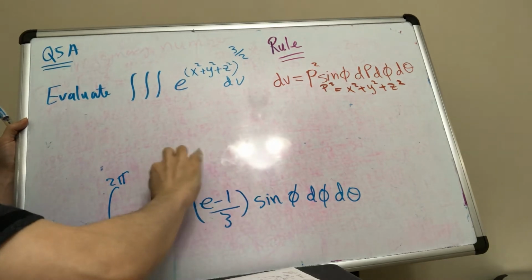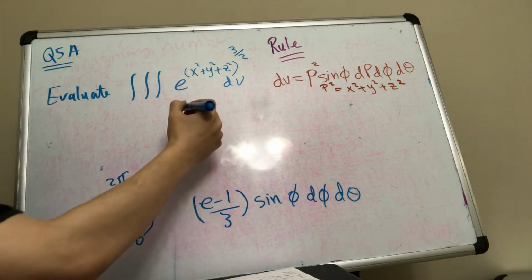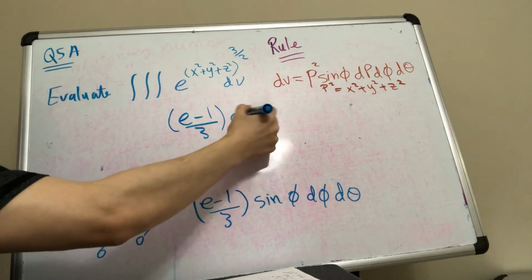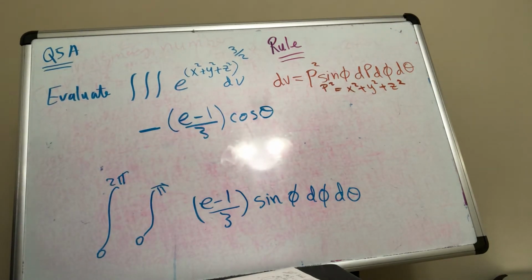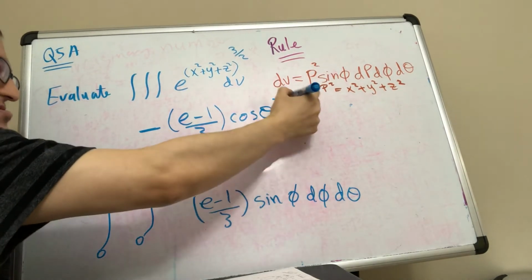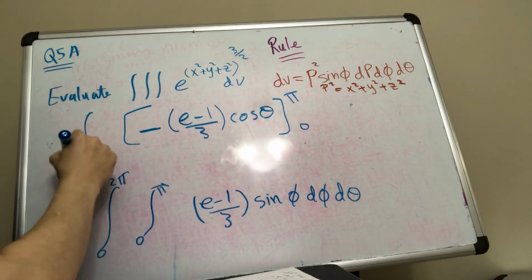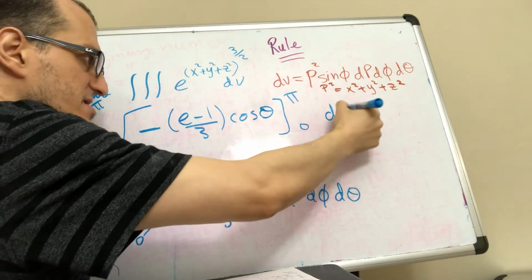Okay. Integral of sine is cosine, so you have e minus 1 over 3 cosine, but negative. And I'm going to plug in pi and 0. And I'm still integrating from 0 to 2 pi d theta.